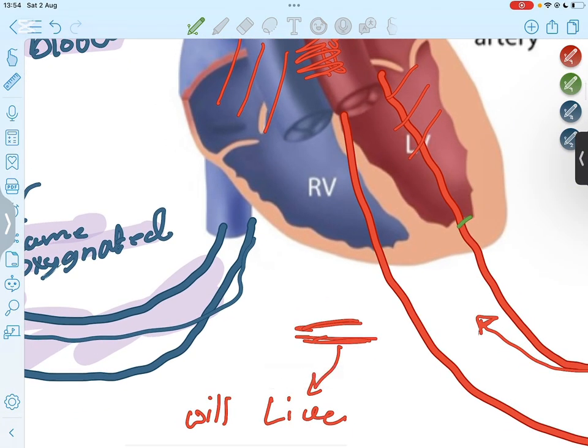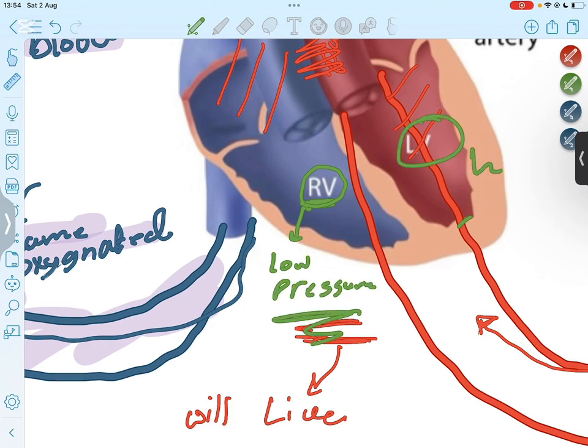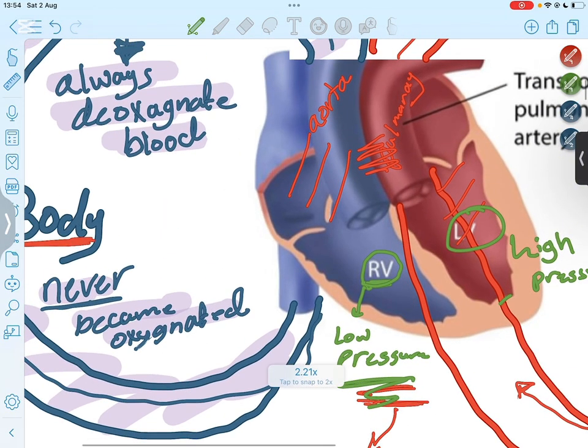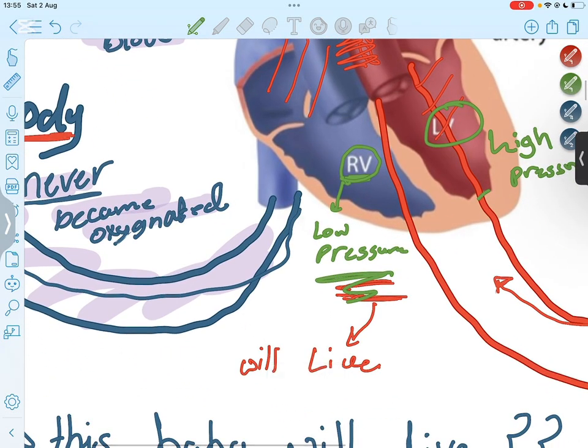We should know that Allah created us so that the right ventricle is for low pressure and the left ventricle is for high pressure. But when the aorta is on the right side, pumping from the right ventricle, the right ventricle, which is designed for low pressure, will become hypertrophied.